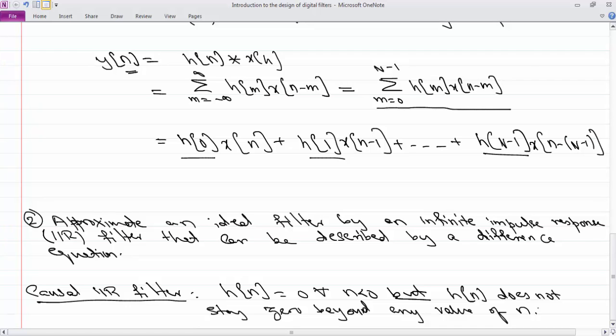So of course then you cannot use the convolution formula directly, and that's where this additional distinction comes into play: an IIR filter that can be described by a difference equation. That is the key. Just because a filter is an IIR filter does not mean it cannot be implemented. It can be implemented as long as it can be described by a constant coefficient difference equation.